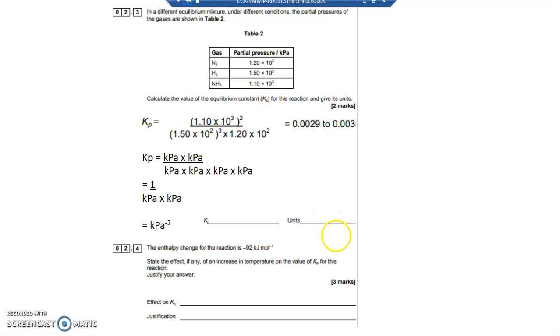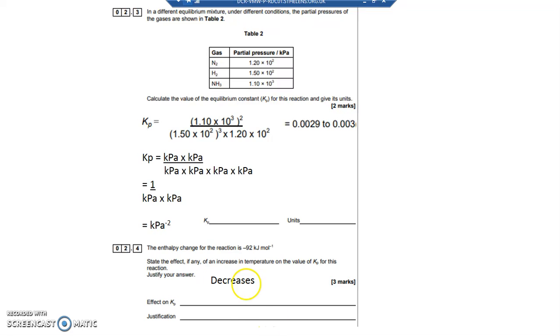So if I increase the temperature by Le Chatelier's principle, the reaction will try and lower the temperature of the system. So it's not going to go to the right hand side, because going to the right hand side it's exothermic and gives out heat to the system. It's going to go to the left hand side.